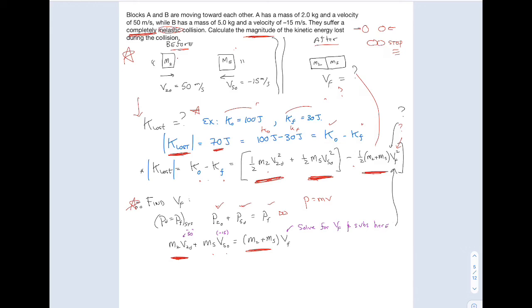Now when I put in the numbers, V2 initial is 50. But they told me that number 5 was headed to the left at 15 meters per second, so V5 initial goes in as minus 15. Just do the algebra, solve this for V final, and you get a number. Then take that number and put it right there, and that'll give you the amount of kinetic energy lost.